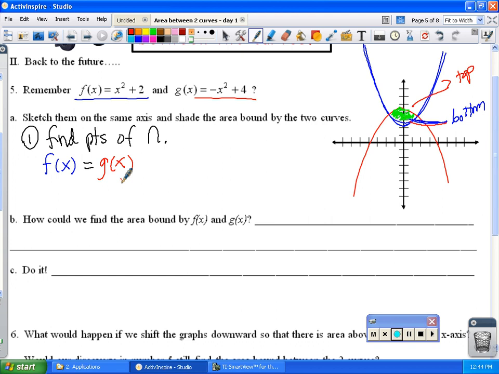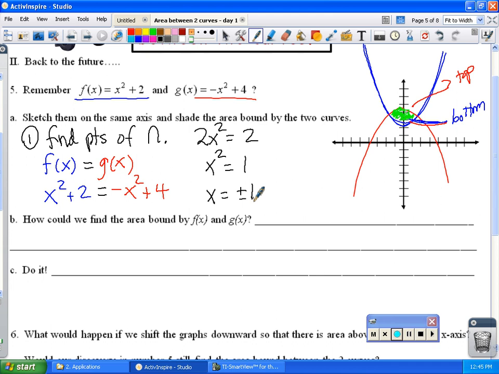So I'm literally going to take the f function, which is x squared plus 2, and I'm going to set it equal to the g function, negative x squared plus 4. All right, and when I solve that equation by adding x squared to both sides, I get 2x squared is equal to, subtract 2 from both sides, 2, divide both sides by 2, and x squared is equal to 1, x is equal to plus or minus 1.